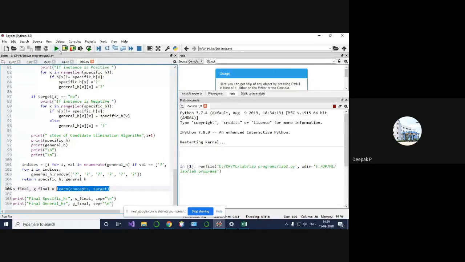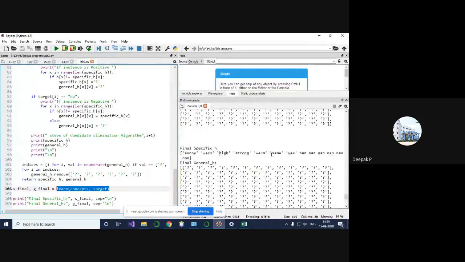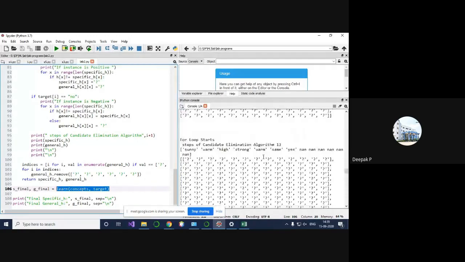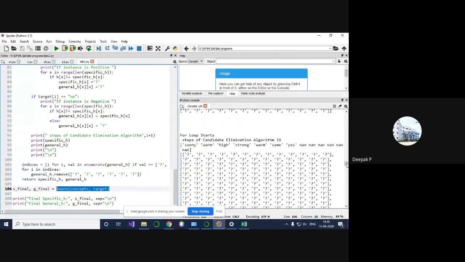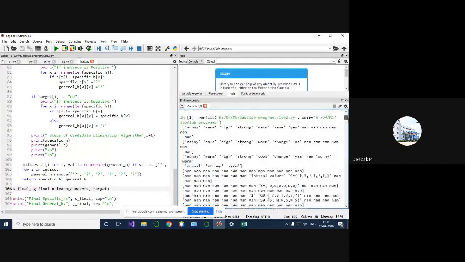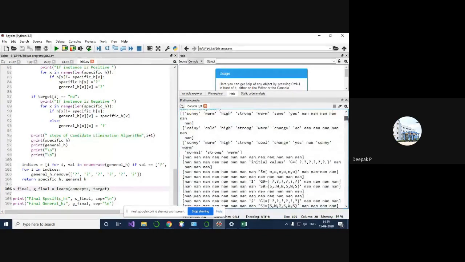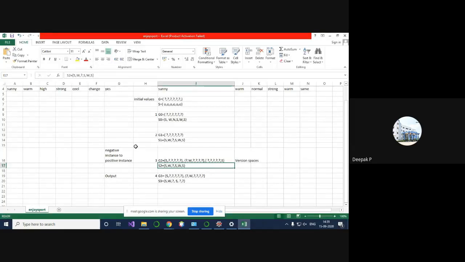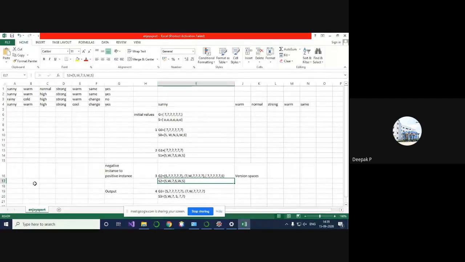So when I execute this, you can see here. See what's my output. How many values am I getting? I'm having sunny, warm, high, strong, warm, normal, and the remaining values are also being taken. Why? Because I have done some changes here, so these values are also being read. Wait, I will remove it.